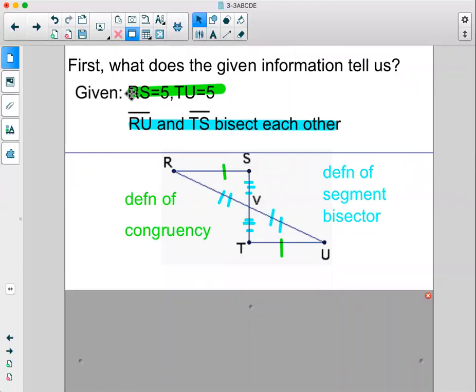The fact that we're given measurements are the same, we can use our definition of congruency to know that these sides are then going to be congruent. And because of the definition of bisector, a bisector is something that cuts something else into two congruent parts, and since they bisect each other, they both get bisected. Therefore, now we know this.